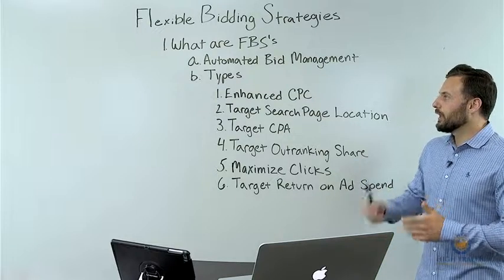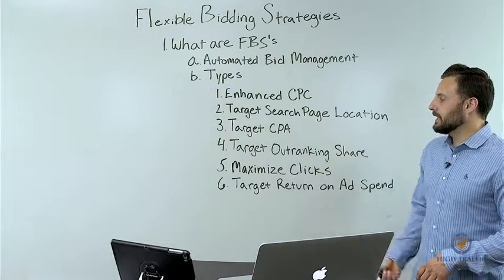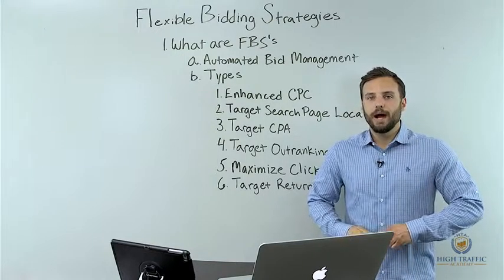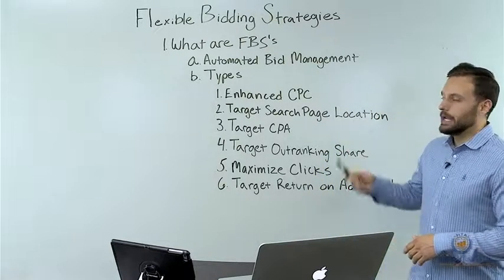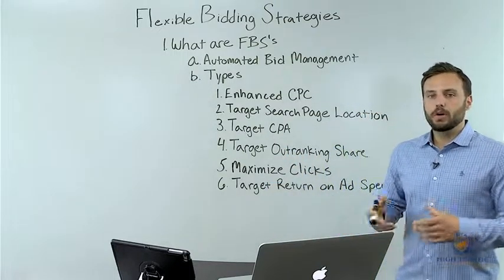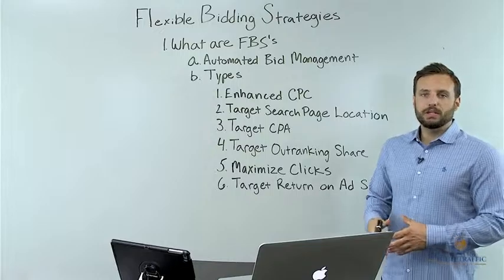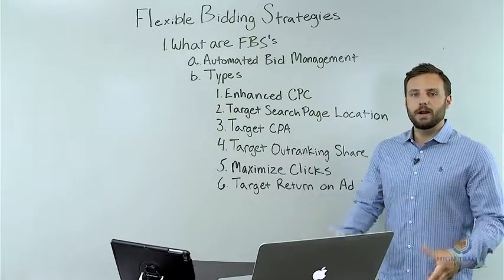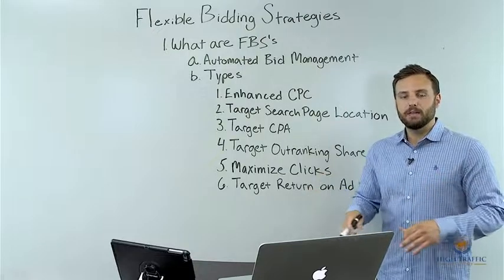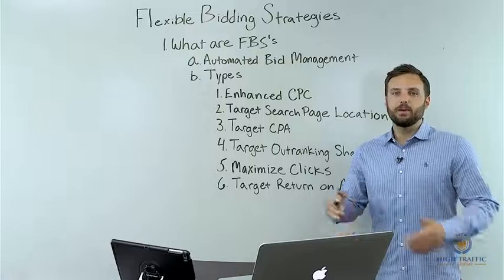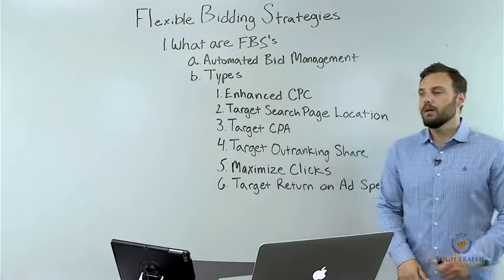The pros are that there are many different types of flexible bidding strategies that you can target, and you can go after things like an enhanced cost per click or a target search page. We're going to go over those right now. But the pros are it's automated bidding, and you can set percentage increases or percentage decreases based on certain parameters, and you can assign it at the campaign level, and each campaign can be running its own automated bidding strategy without you having to get involved every single day.